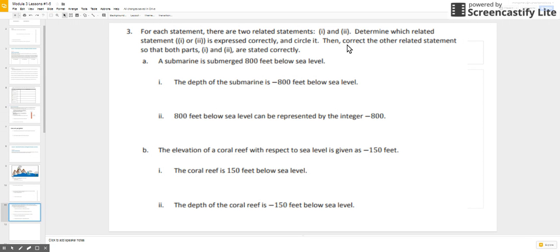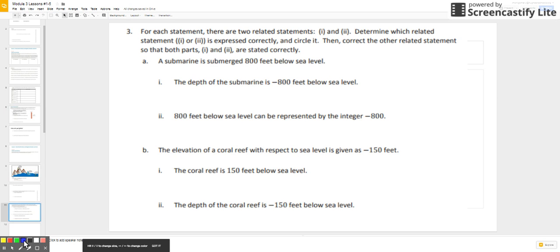The other one is incorrect. So circle the one you think is correct, and then correct the other related statement so that both parts I and double I are correct. All right, so go ahead and stop the video. Go ahead and give this a try on your own, and then come back. So go ahead and pause it.